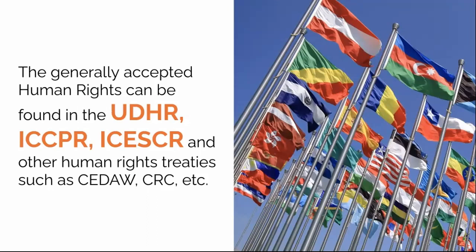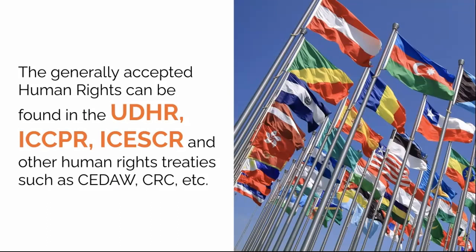So these three, at the very least, form the International Bill of Human Rights. Some people say that it's up to 10, right? But the bare minimum that you need to know and read are the UDHR, ICCPR, and ICESCR.